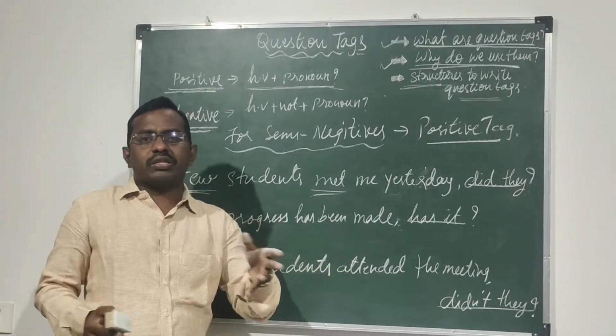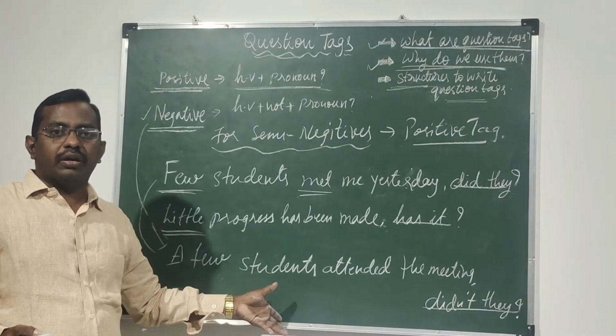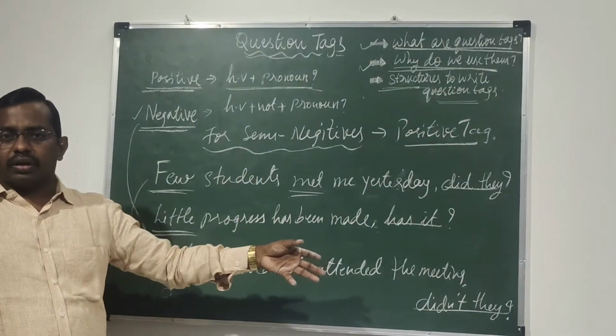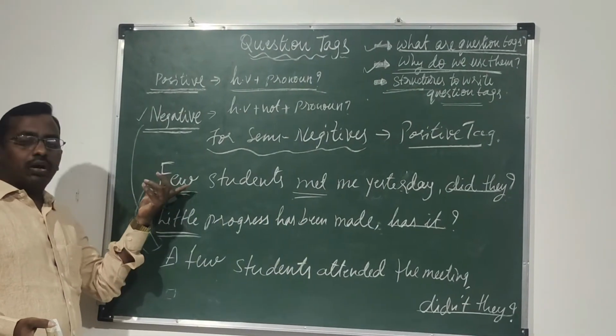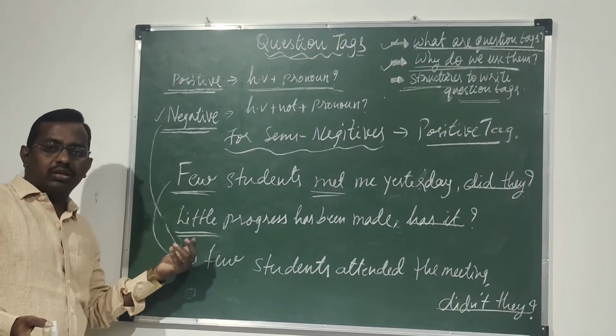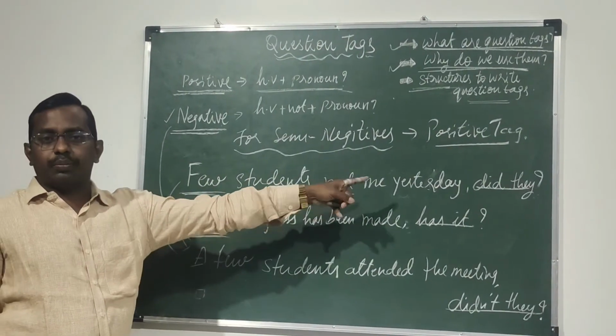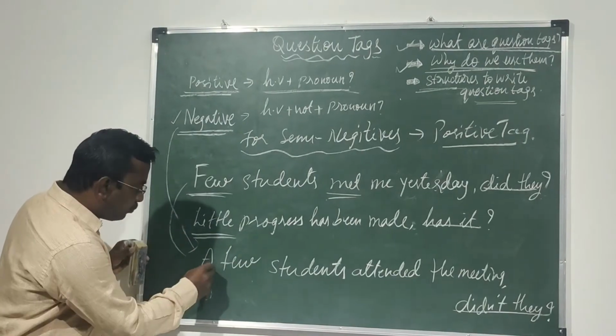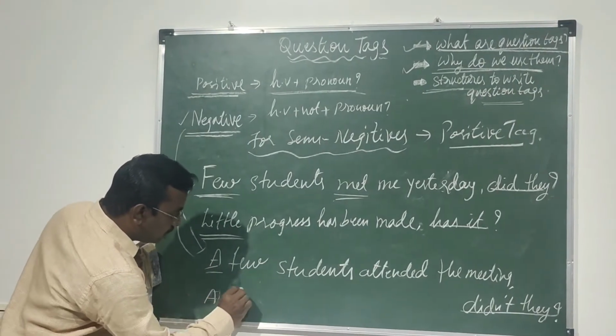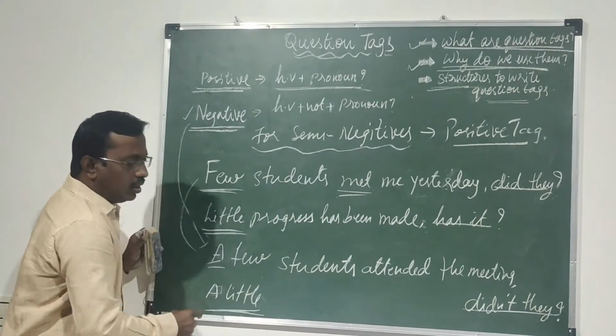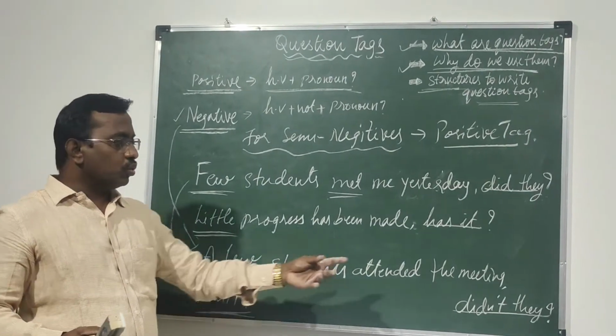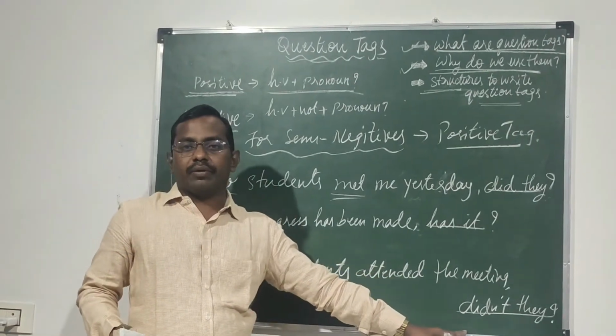A little progress has been made, hasn't it? So if a few or a little is used, the sentence becomes positive, so take a negative tag.